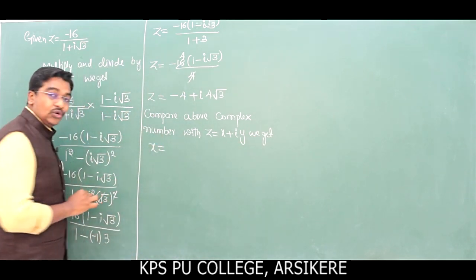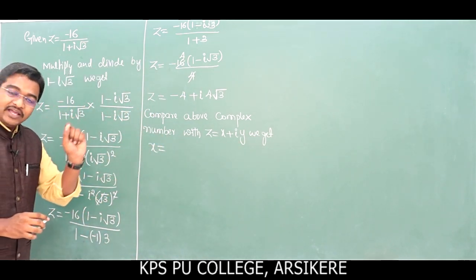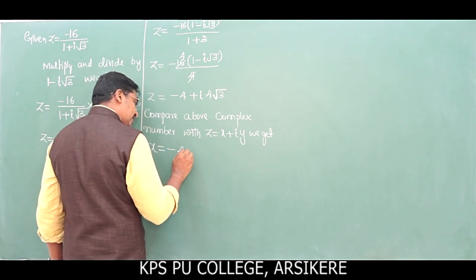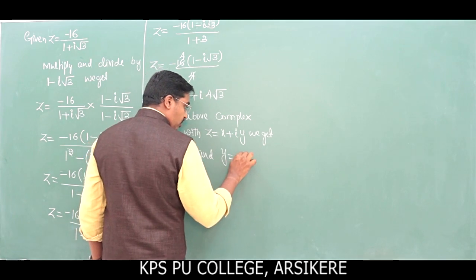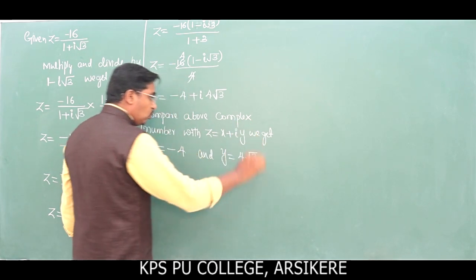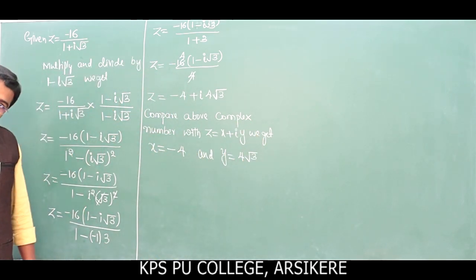Now tell me, x is equal to, very good, that is minus 4, and y is equal to 4 root 3.